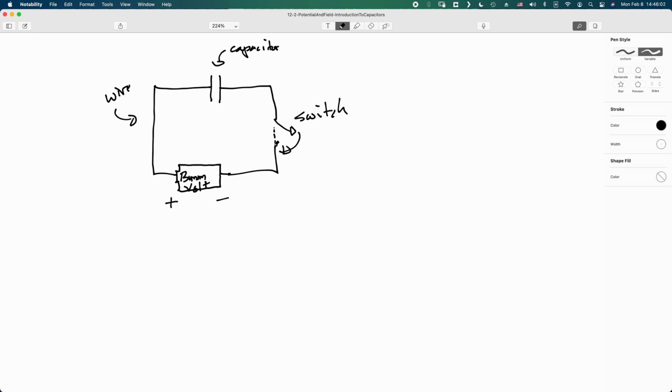Once I close the switch, I will have completed the circuit. And with these wires here and the switch, electric charges will be free to flow. Now keep in mind there is a literal physical air gap here. We can imagine it's air, but typically it's some sort of insulating material. But there is a gap here, so the charges are not free to go across this gap.